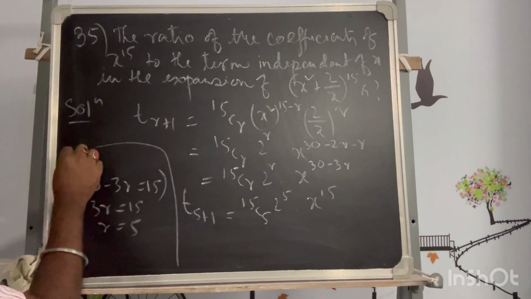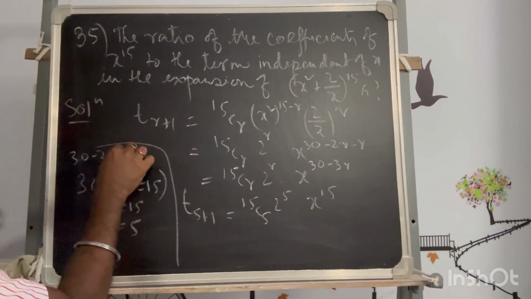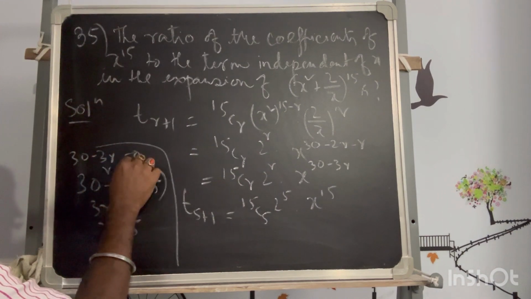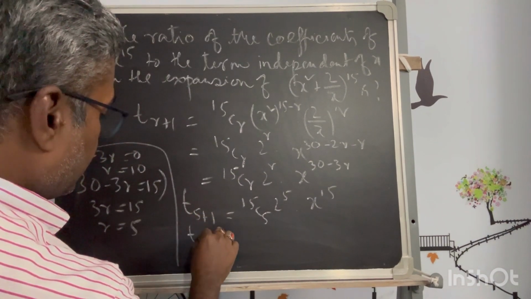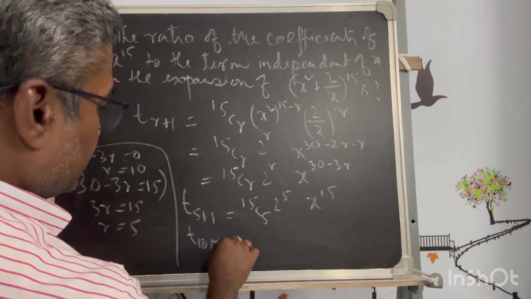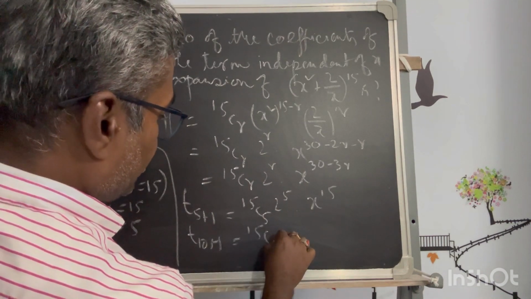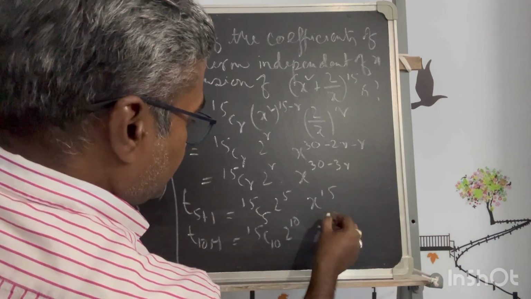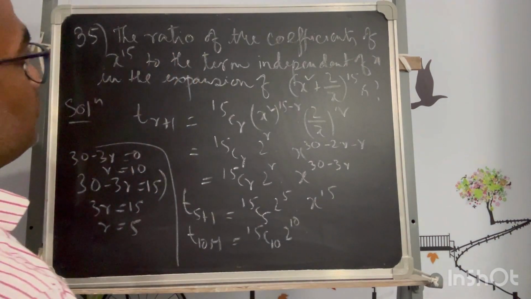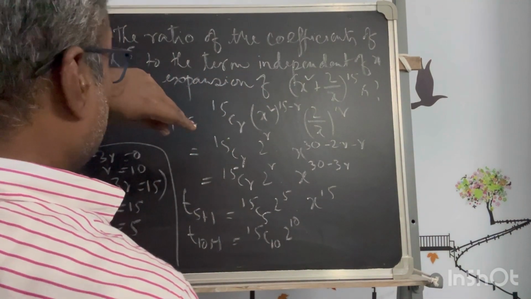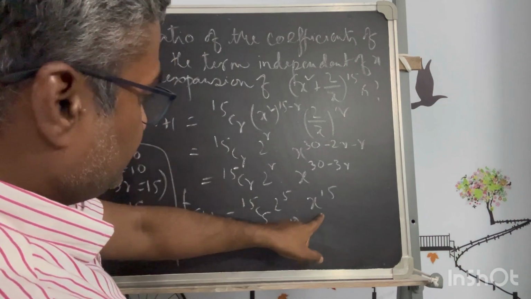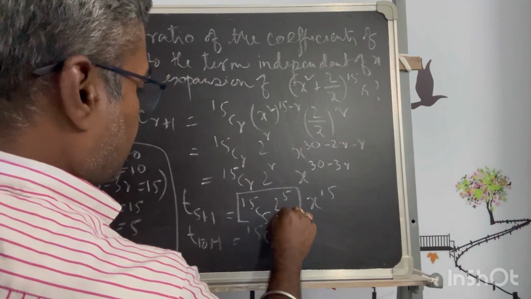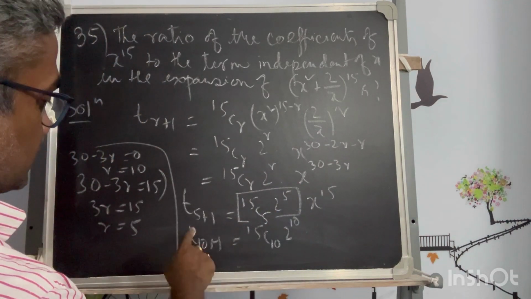For the second one, 30 − 3r has to be equal to 0 because it is independent of x, so r = 10. So the (10+1)th term has coefficient 15C10 · 2^10 and x to the power 0, that means no x. Now we have to find the ratio of these coefficients.